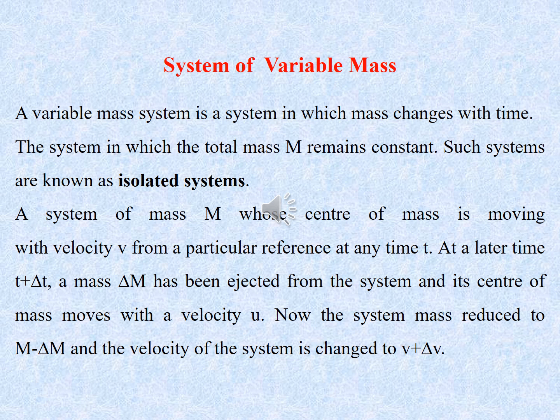Later, at time t plus delta t, a mass delta m has been ejected from the system. Its center of mass moves with a velocity u. Now, the mass of the system is reduced to m minus delta m and the velocity of the system is changed to v plus delta v.